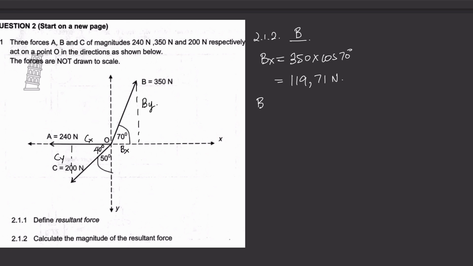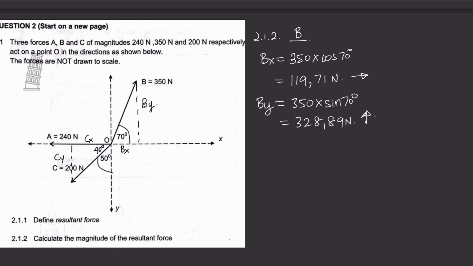Then we'll do By. By will be 350 times sine of 70 degrees, and we'll get an answer of 328.89 newtons. Let's put in the directions here so we keep track of it. This is pointing to the right, and that's going to point up.